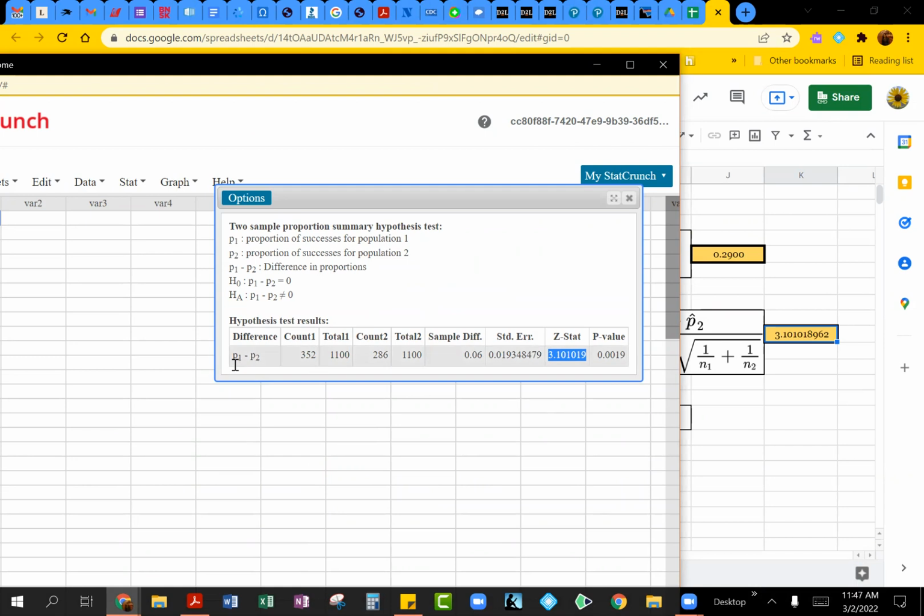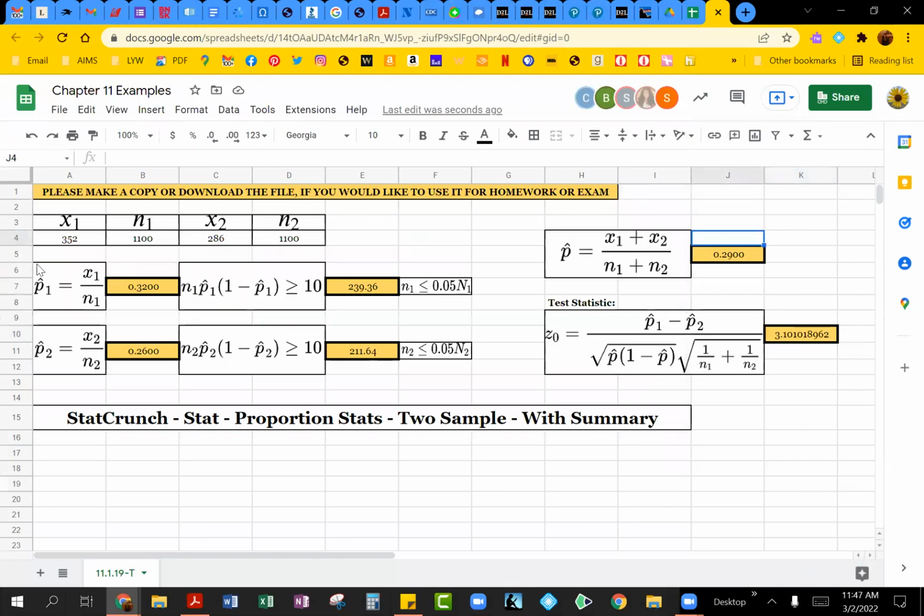So you will see it's again giving you that null hypothesis, P1 minus P2, that we're trying to verify. Our sample 1, sample 2 values, your sample difference, which is actually the difference between your sample proportions. If you did the difference between these two sample proportions over here, that's what you would end up getting.